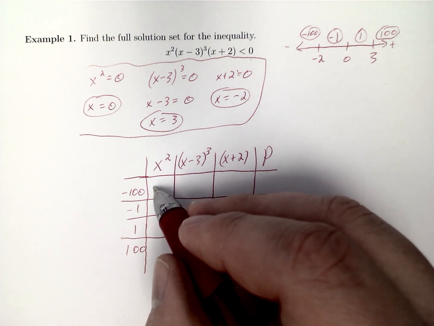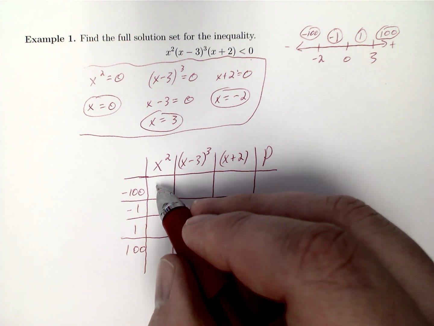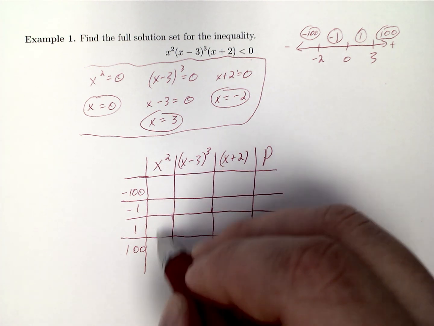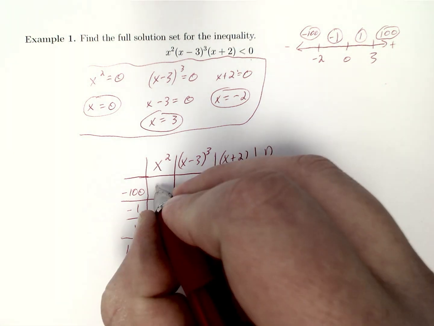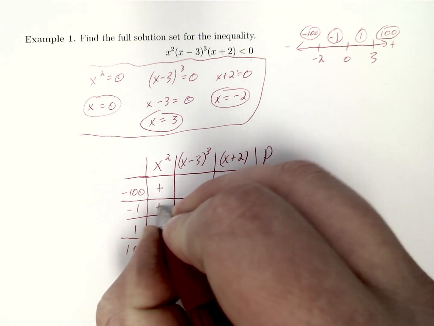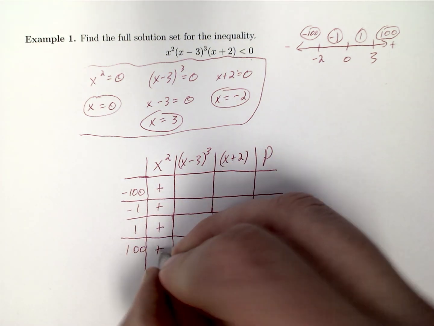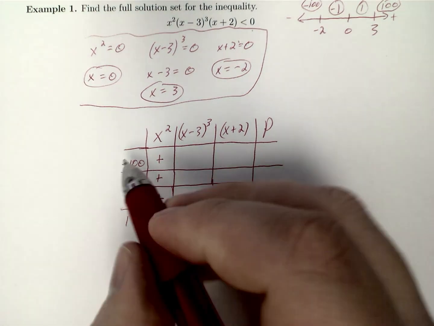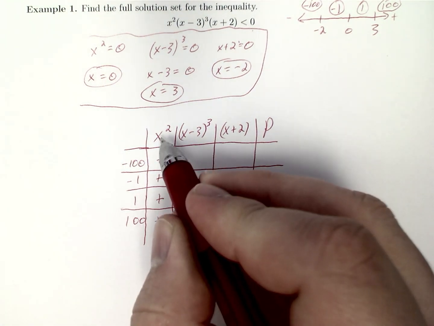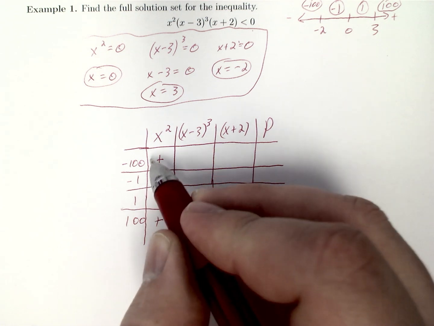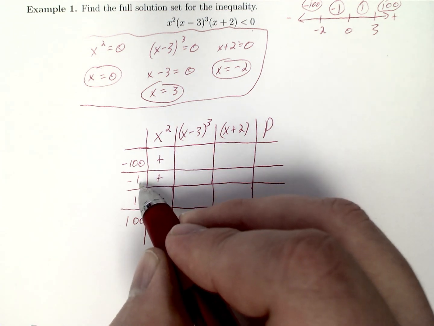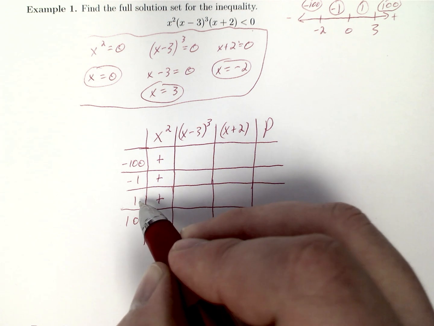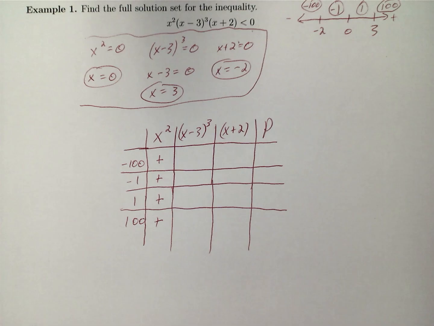If it's negative, you square a negative number, and it's positive. So squared factors are always positive, unless you're plugging in 0 itself and the factor becomes 0. But that's not the case in any of these. -100 squared is positive 10,000, but positive is all we care about. -1 squared, positive, 1 squared, positive, 100 squared, positive.